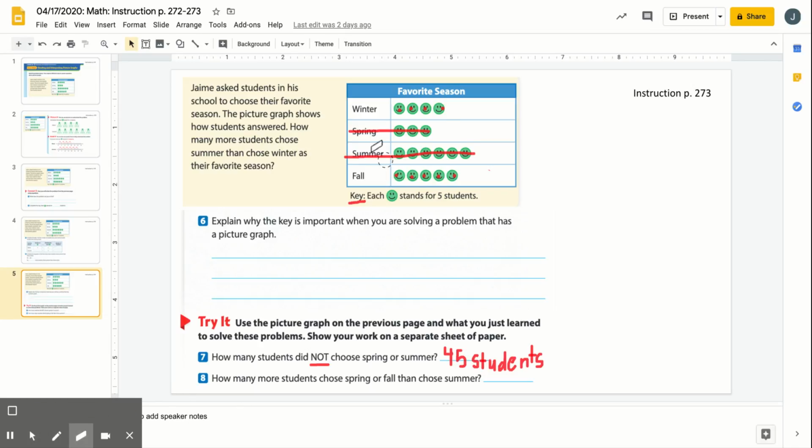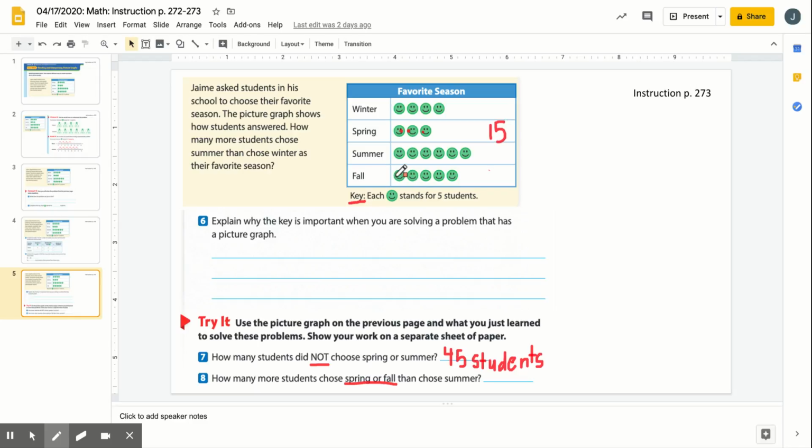And our last question asks, how many more students chose spring or fall than chose summer? So it wants us to look at some of this data together. It wants us to look at spring or fall together. For spring, we have 5, 10, 15 students.